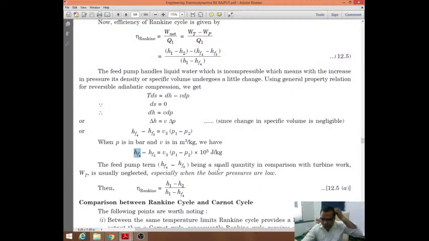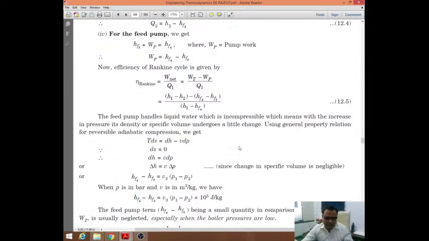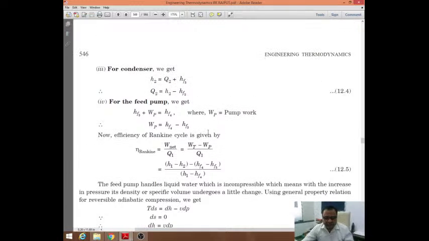But normally, if you want to make those calculations simpler, then many times the pump work is ignored because it is very small in comparison with the turbine work, and that's why in most of the calculations this HF4 minus HF3 term is ignored, and simply the Rankine efficiency is (H1 minus H2) divided by (H1 minus HF4), or HF4 is equal to HF3.